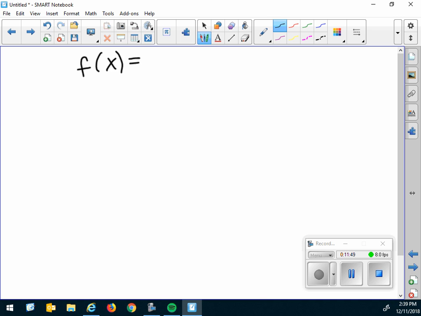Now, on the first line, I want you to write f of x equals 3x plus 1, and g of x equals x cubed. It's quite a few. Don't write big.